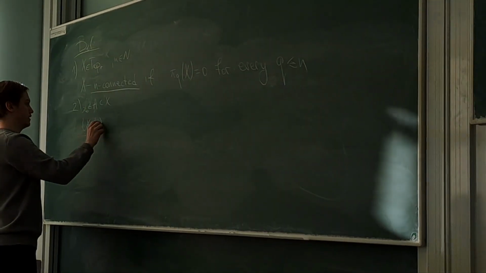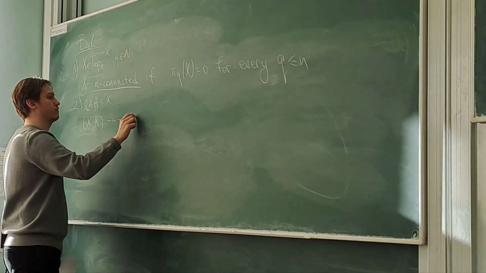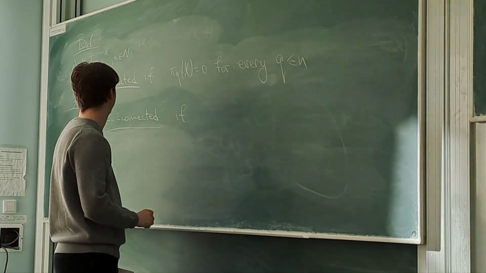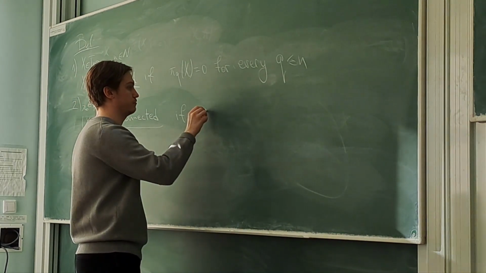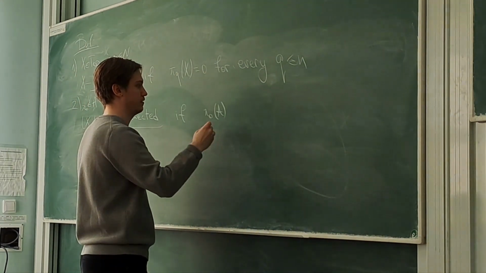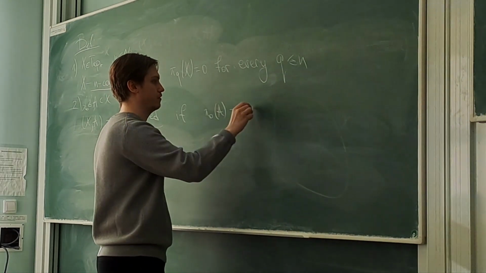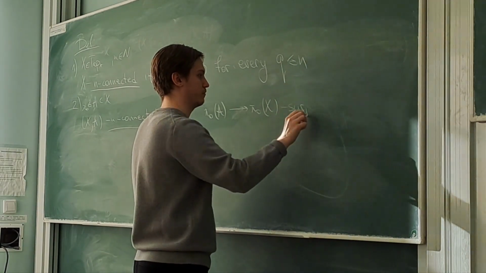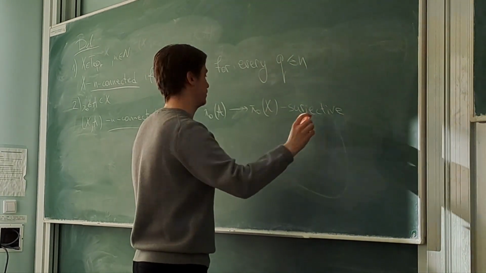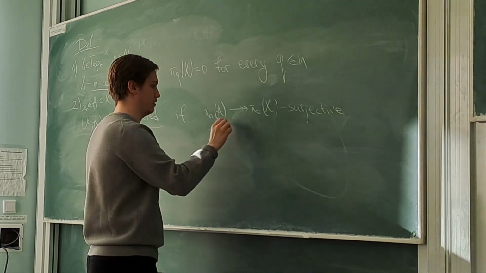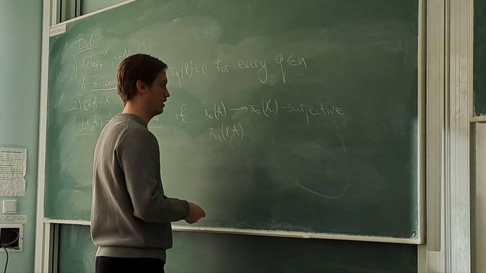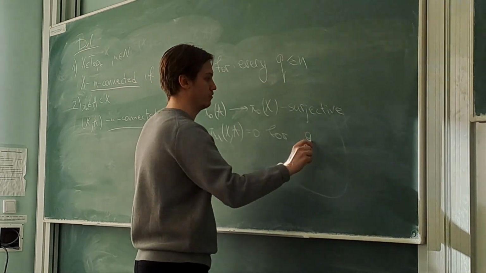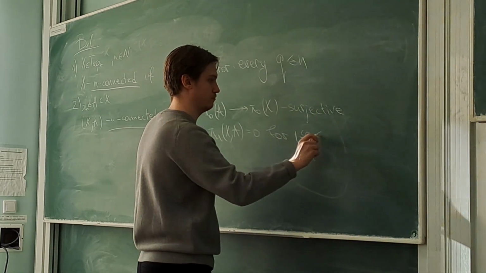That the pair is called n-connected if first of all the map on π0 is surjective, and the relative homotopy groups of X comma A are equal to 0 for every q from 1 to n.